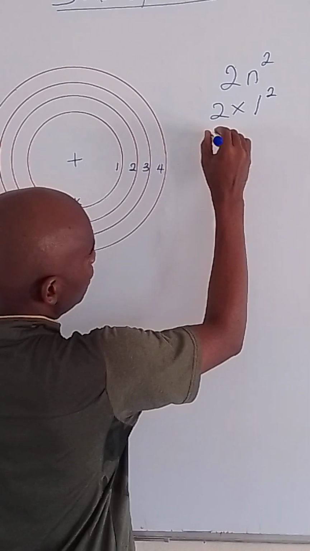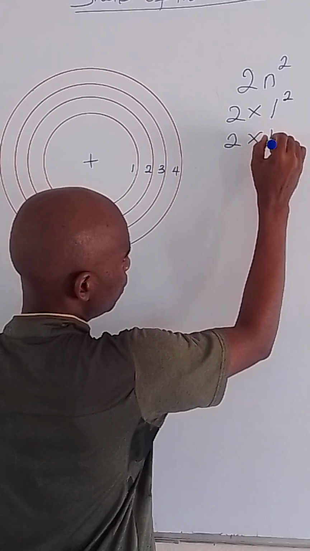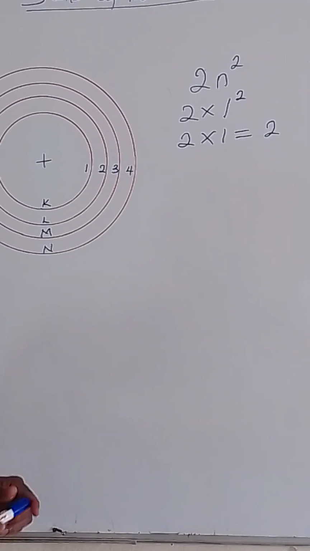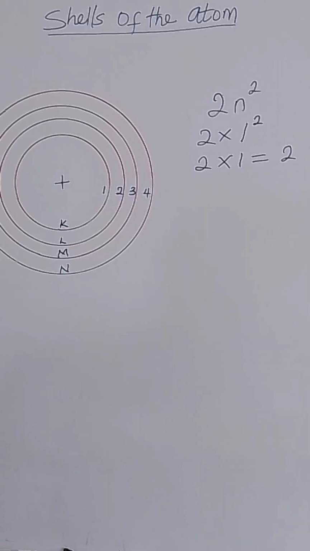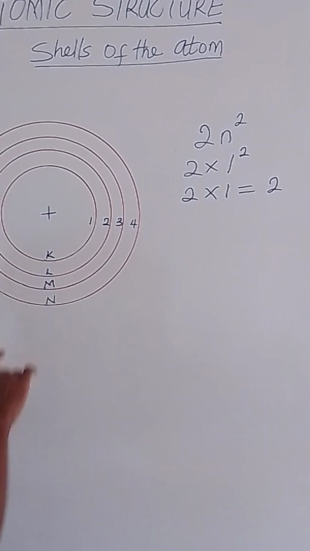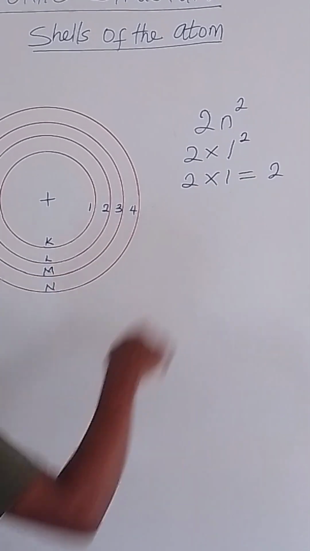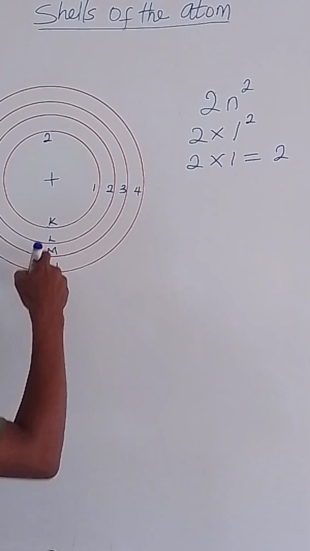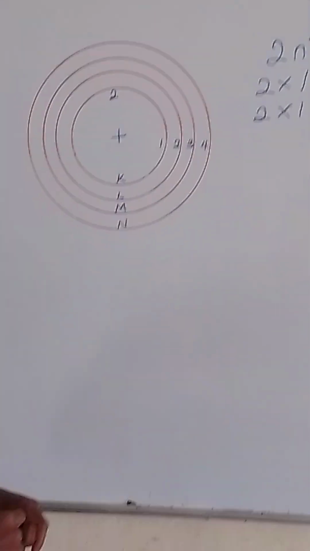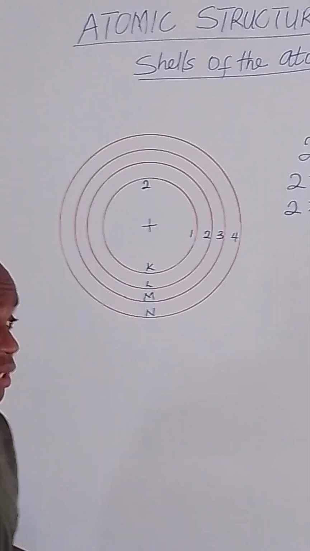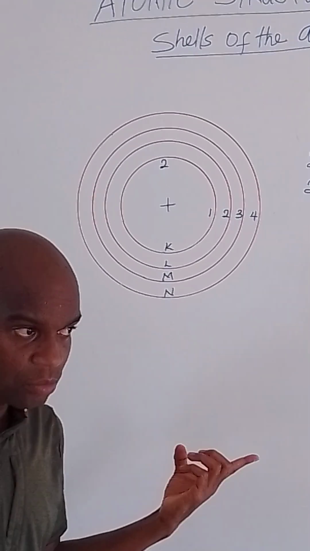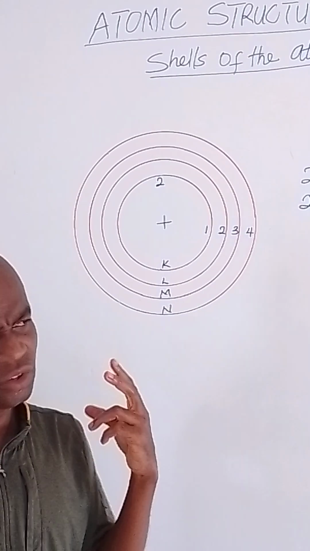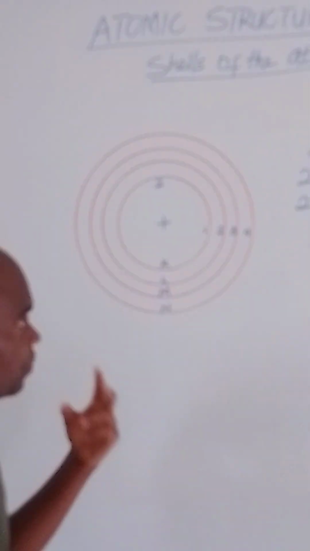So that gives us 2 times 1, which is 2. So the maximum number of electrons that can enter into the K shell is 2. The K shell can accommodate 1 electron, it can accommodate 2, but it will not accommodate more than 2.